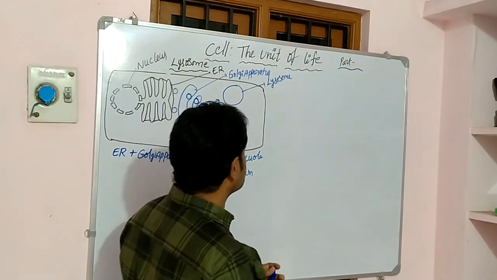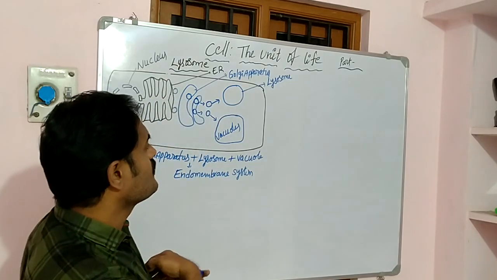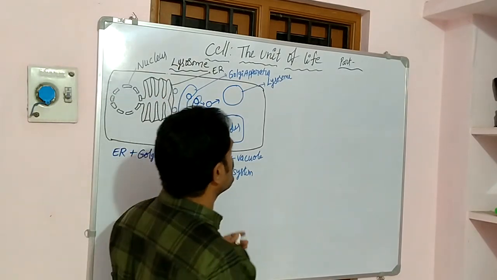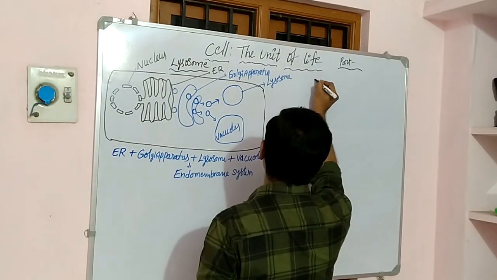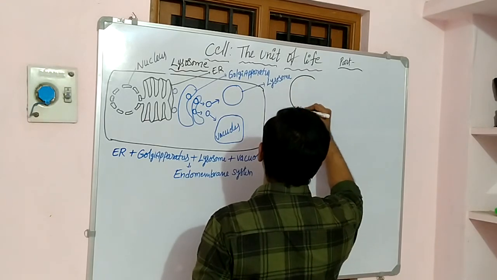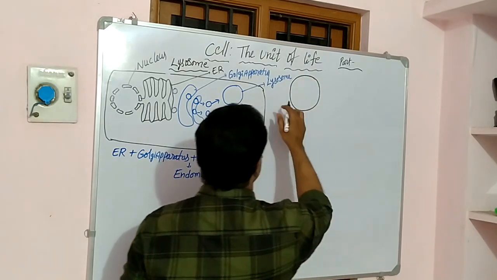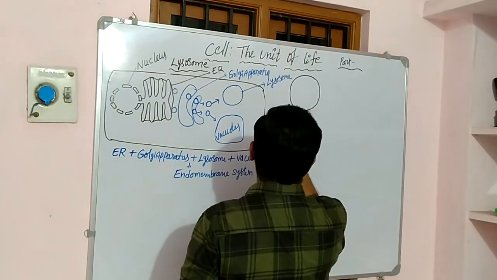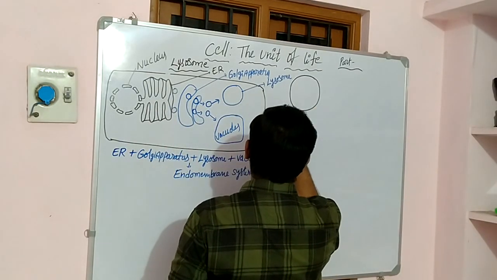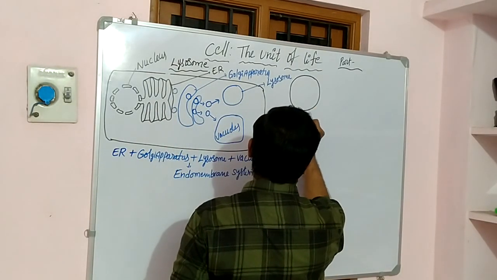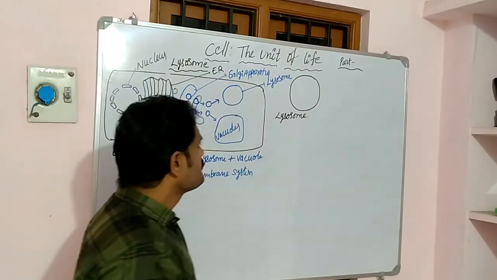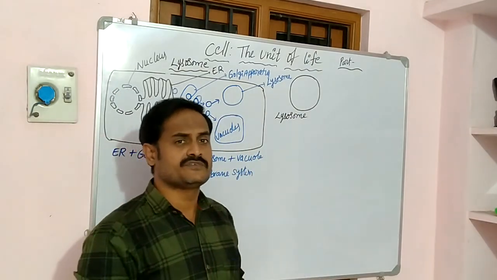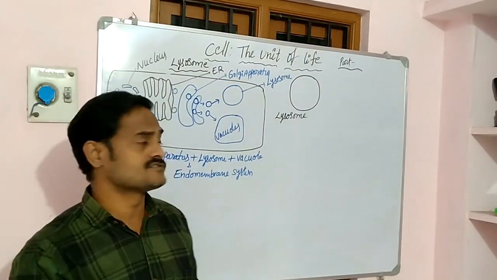See, when we observe the lysosome, it also looks like a spherical shape. I will draw the lysosome diagram separately. So what is the name of the cell organelle? Lysosome. So what kind of features do we notice in the lysosome?